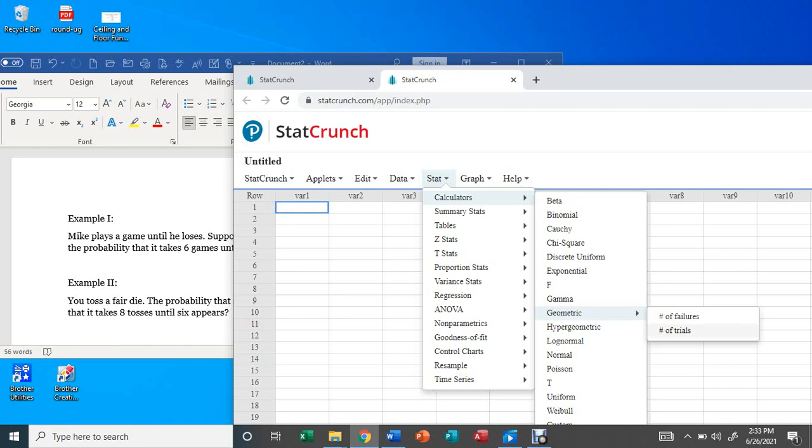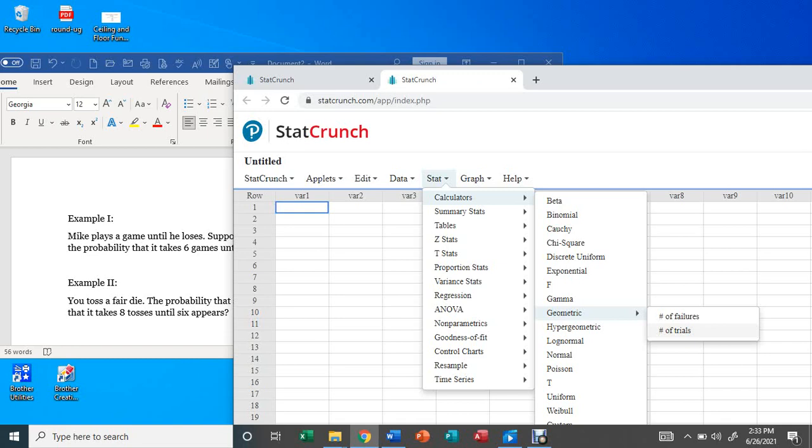Both of them will give you the same answer, but you have to understand the difference between number of failures and number of trials. The number of failures is the number of games until Mike loses, including the losing game. So in this case it's 6.